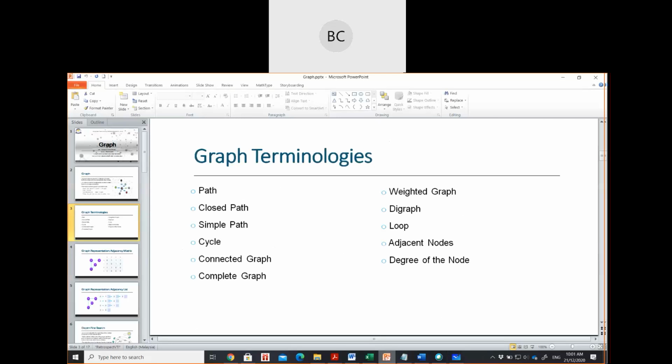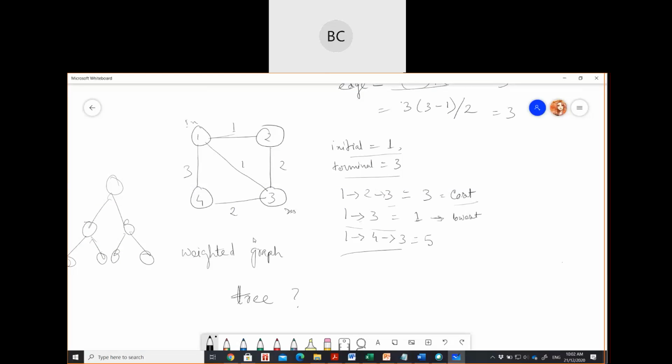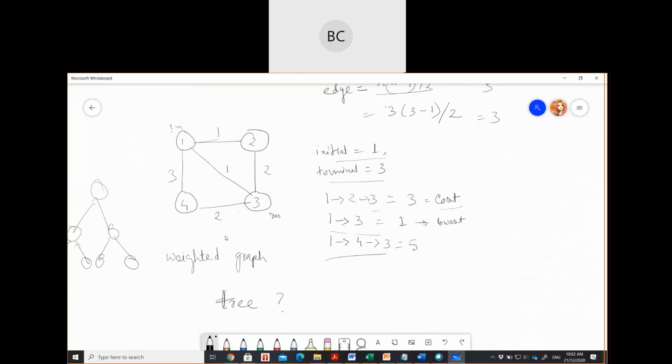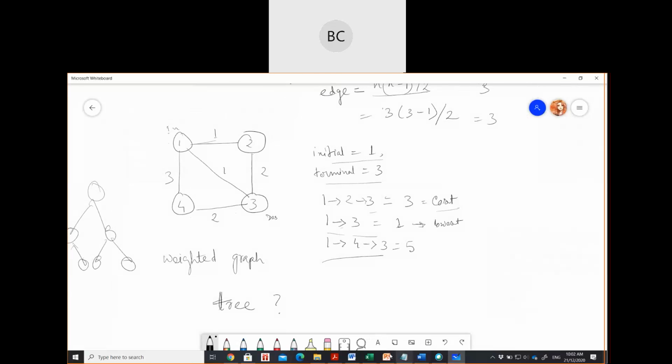And there's degree of node. Can you guess what will be the degree of node? So for node 1, 2, 3, 4, all are adjacent nodes.